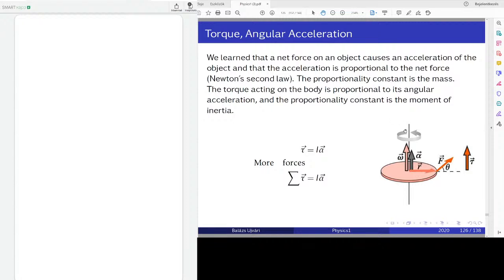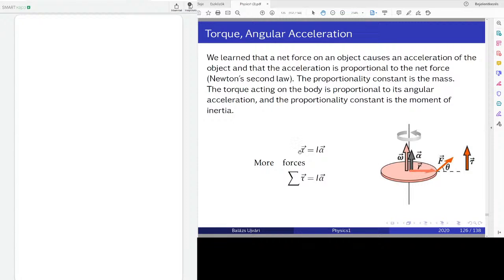So for example, here we have a rotating body with some omega, with some angular velocity. If we want to speed it up, that will cause some angular acceleration. On this plot it's alpha, we sometimes use beta.